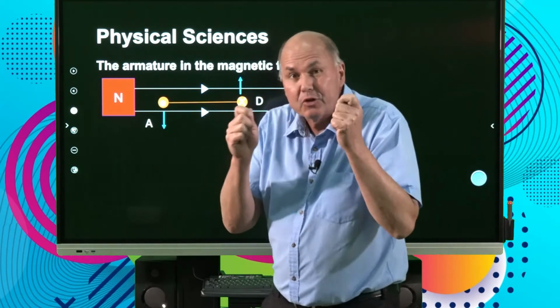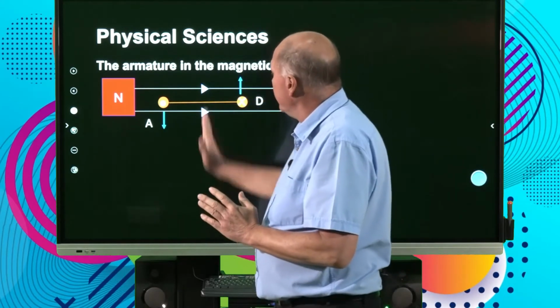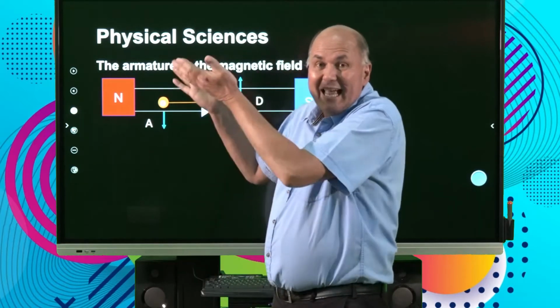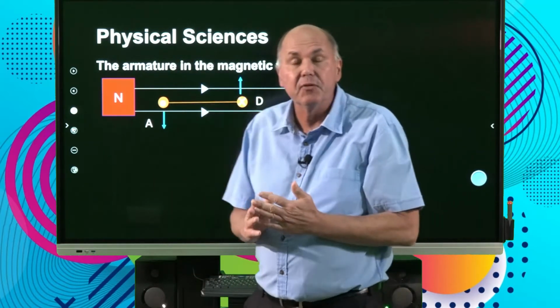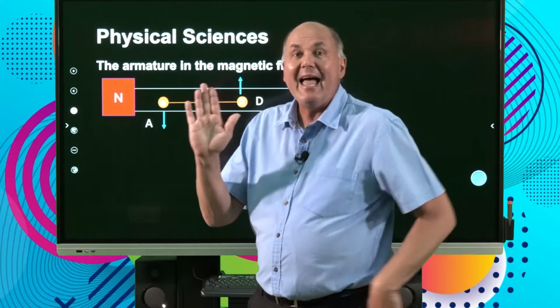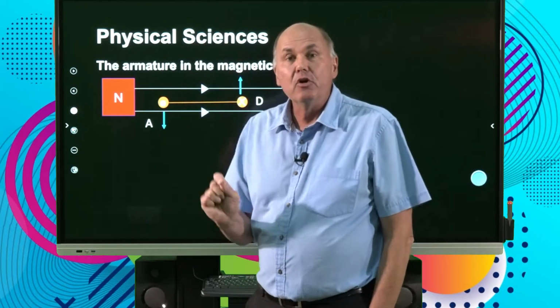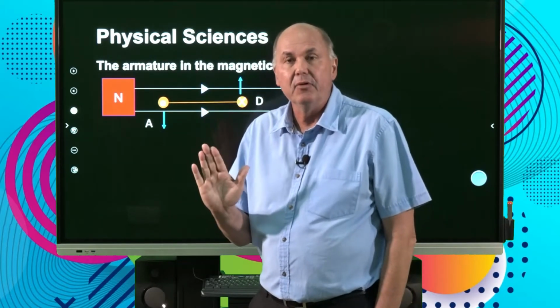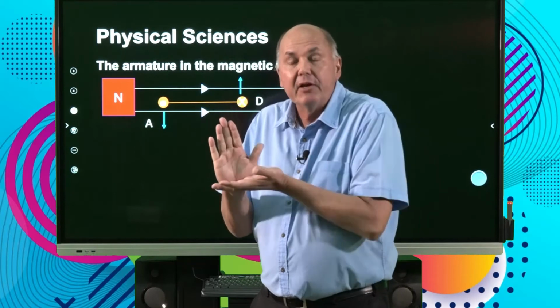Now, the trick to remember here is at this point, we've got everything perpendicular to each other. So the coil is moving in a way that is going to cut at 90 degrees to those field lines. The field lines are cutting perpendicular, and the angle between the area that those field lines cut through and the magnetic field is 90.